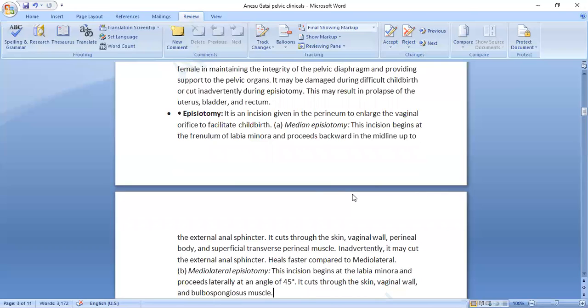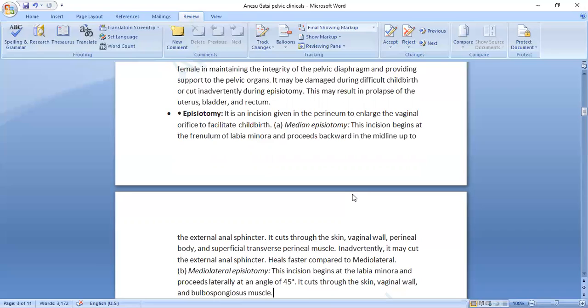Median episiotomy generally heals faster as compared to mediolateral episiotomy, despite the fact that in mediolateral episiotomy, you have fewer structures being injured because you only cut through the skin, the vaginal wall, and the bulbospongiosus muscle. But when you talk about a median episiotomy, you are more likely to injure the external anal sphincter.